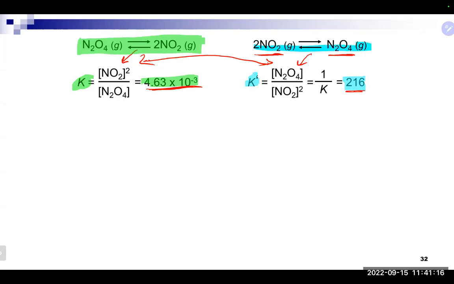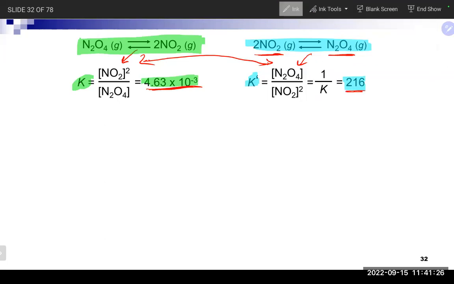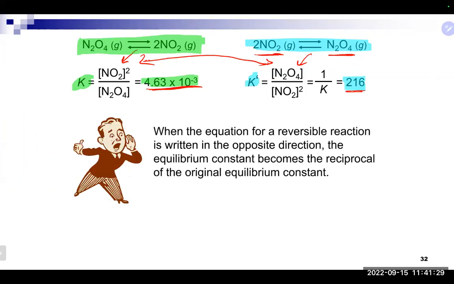And that is specific for the way this reaction is set up, where our NO2 is our reactants and our N2O4 is our products. So when you do see an equilibrium constant value given to you, it is again specific for exactly how it's written, and also for a temperature as well. So if you're talking about the reverse reaction there, you would need to use the 216. And if you're talking about the one on the left there, you would use the 4.63 times 10 to the minus 3.